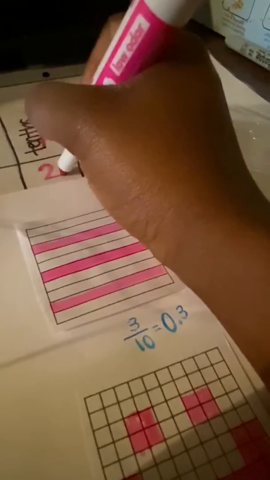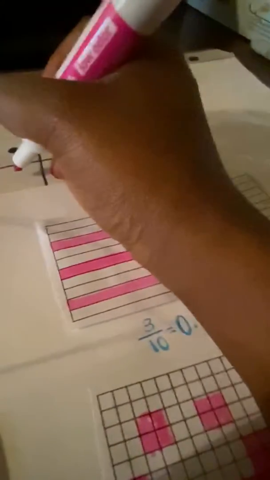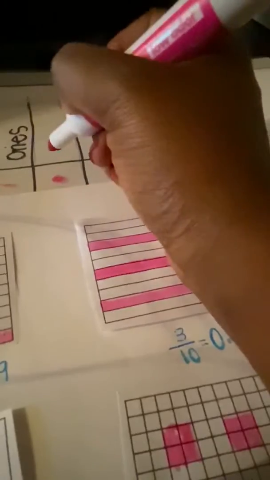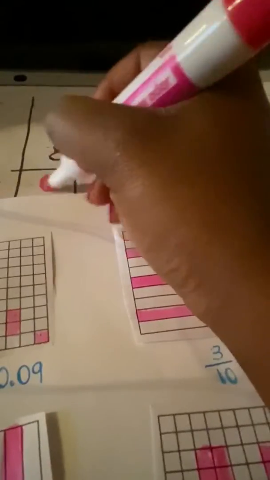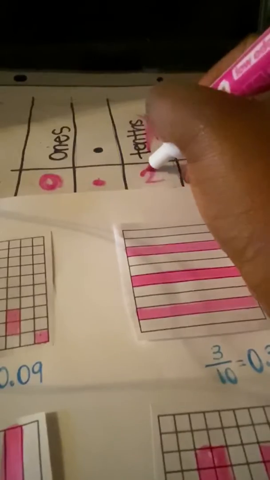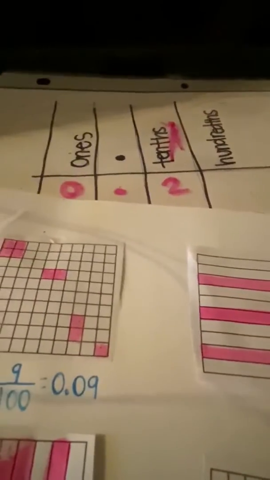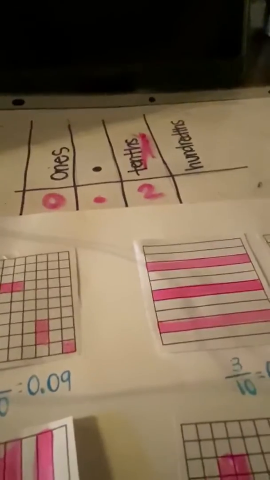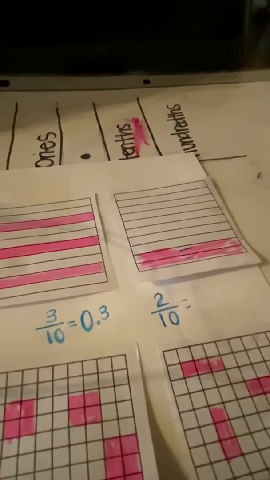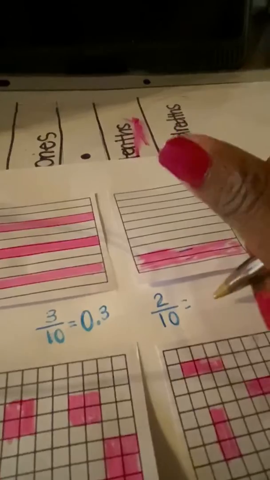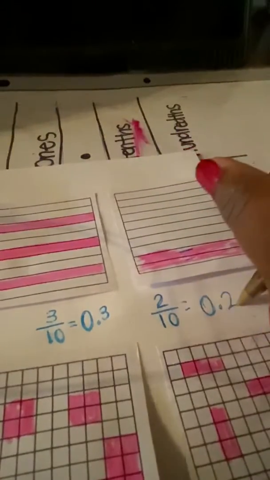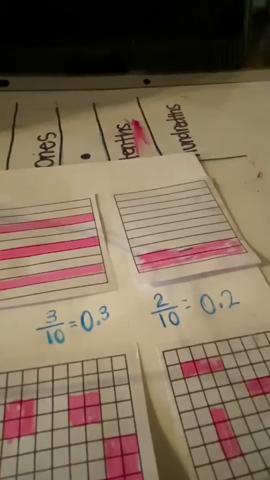So I'm going to put a 2 there because I needed 2 tenths. I don't need anything in my hundredths place. I'm going to write my decimal here, and because I don't have any whole numbers, I'm going to put a 0. So that's how it looks as a decimal, and let's just copy the answer down below. 0.2, 2 tenths.